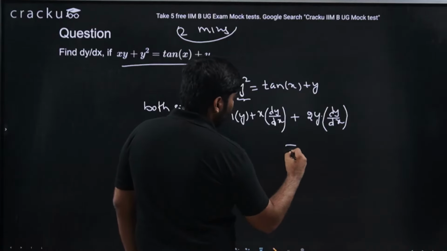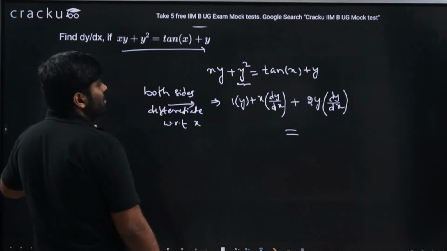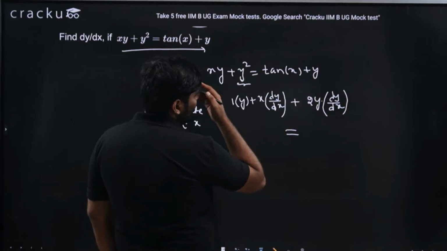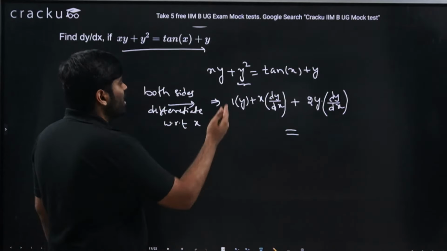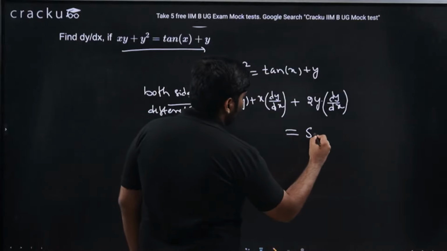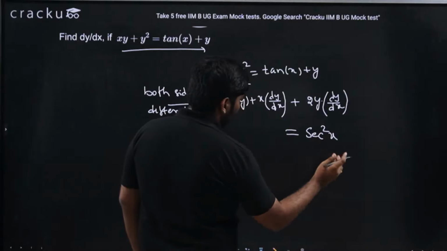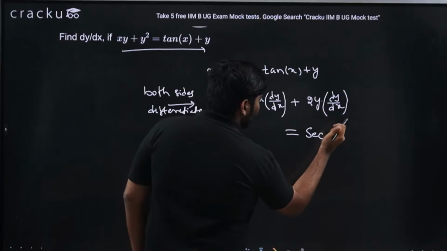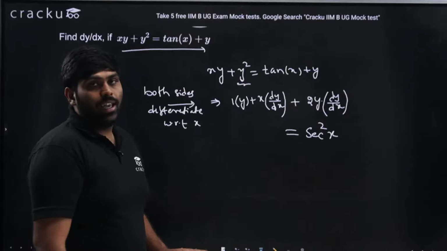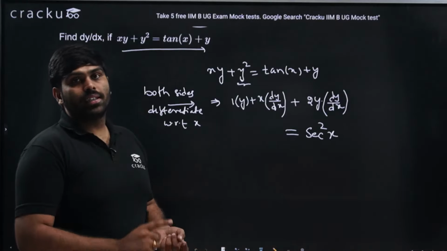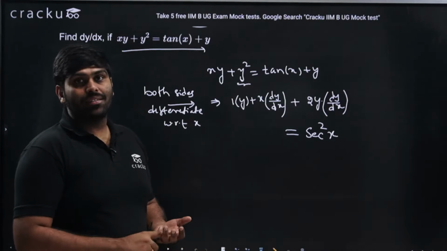This particular side should be equal to what? Let us differentiate the terms on the right hand side, which is tan x and y. Differentiating tan x with respect to x is nothing but secant square x. We did prove yesterday that differentiation of sin x is cos x, cos x is minus sin x, tan x is secant square x.